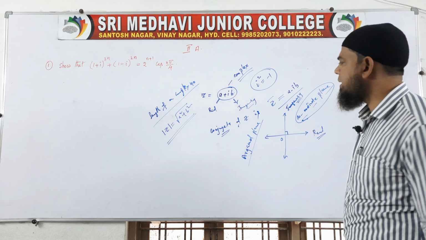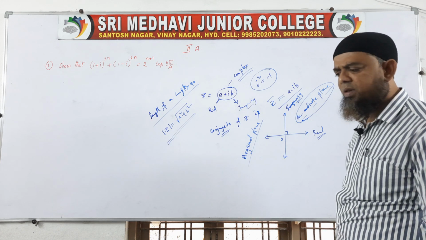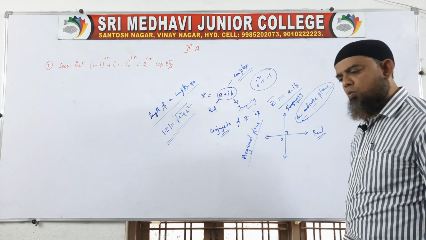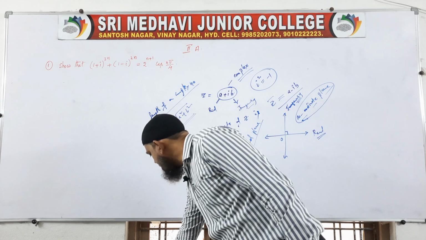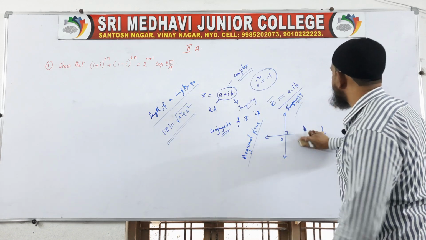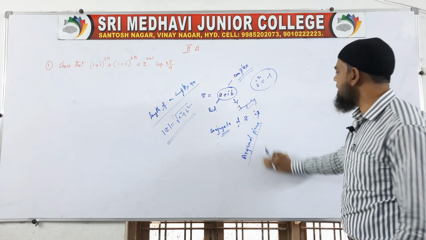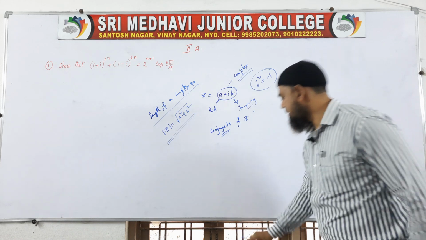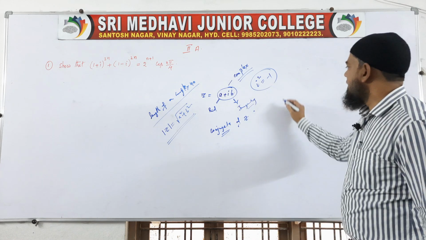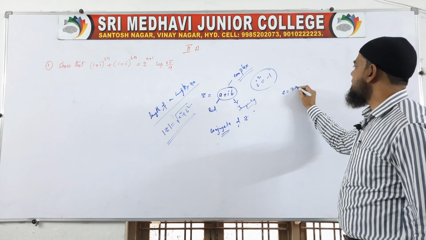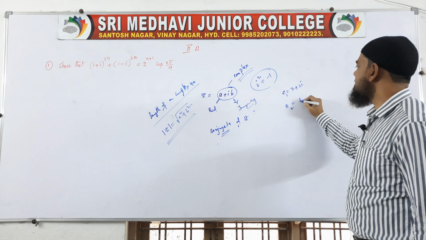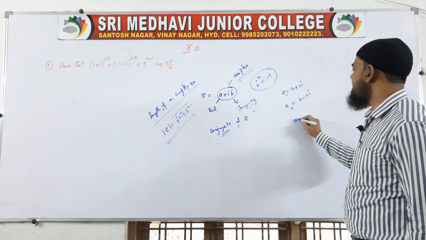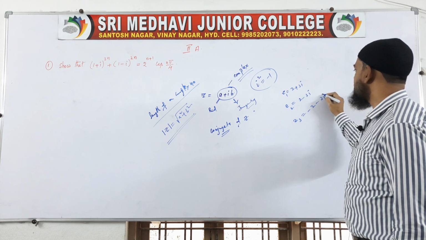So how do we plot points in that Argand plane? Very simple, it is like coordinate geometry only. See, if I am taking 3 complex numbers, we are going to plot the points here: z1 is equal to 2 plus 3i, z2 is equal to 2 minus 3i, and z3 is equal to minus 2 minus 3i.